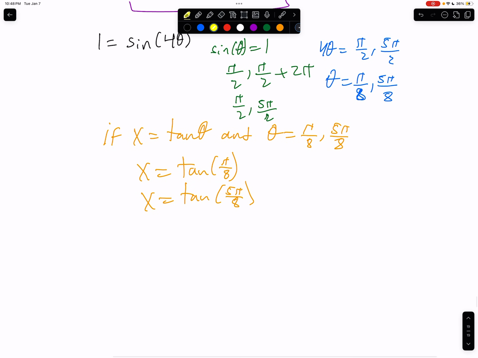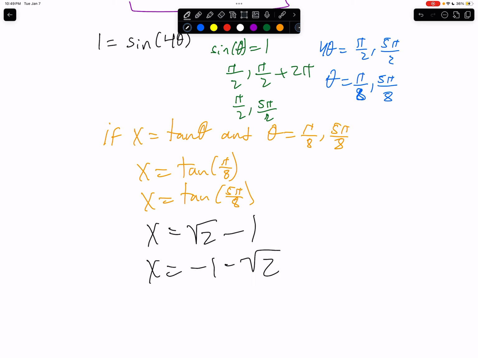So if you do this, x will equal root 2 minus 1, and x will equal negative 1 minus root 2. Again, these look like answers you'd get out of some identity or sum and difference type thing. I'd have to look more into that. So these are your roots.